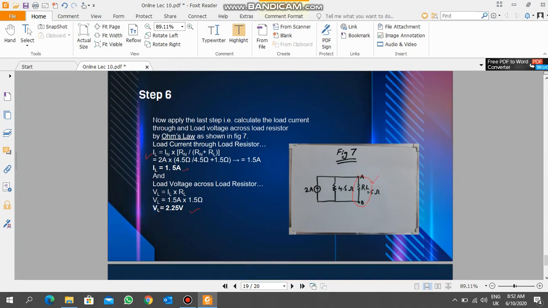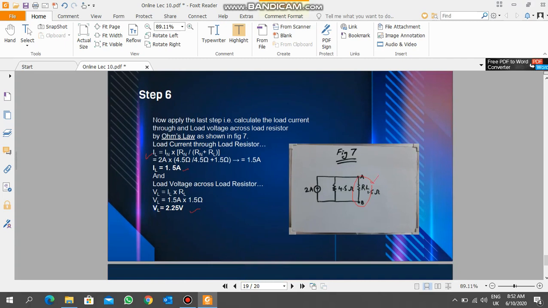So here we put the total current value, which we found here, 2 ampere, the current through the short circuit, because this is a short circuit now. So how much current is flowing through it? We put the current source here and we put the current value here.